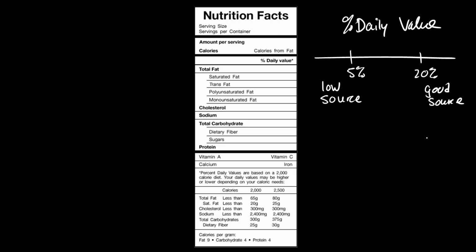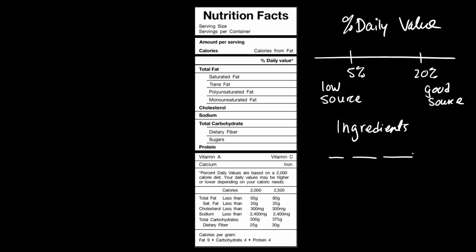The next thing, other than the percentage daily value, is to look at the ingredients. Ingredients are particularly important because ingredients appear in the order of most to least in terms of the amount in the food. So the first ingredient would be the most in that food.